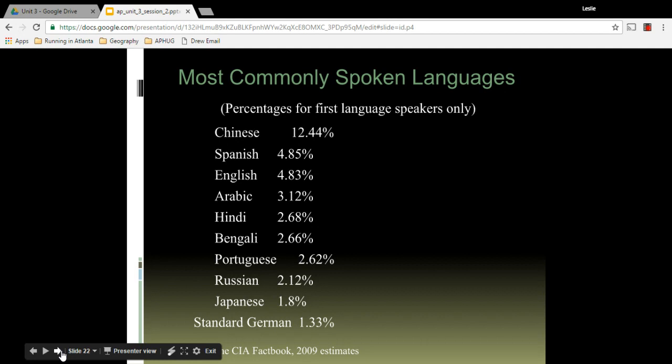And these are percentages for first language speakers only. This does not count people who speak Chinese as a second language, or who speak Spanish or English as a second language, and so on. So you can see that we have Chinese, Spanish, English, Arabic, Hindi, Bengali, Portuguese, Russian, Japanese, and then standard German.